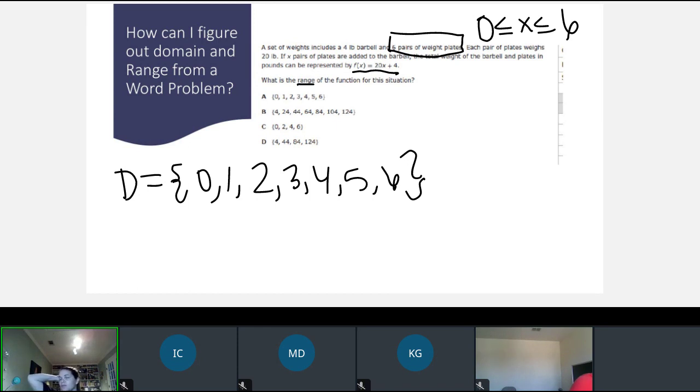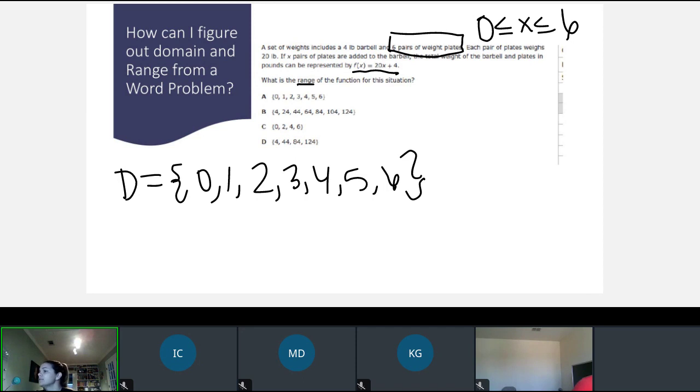So you have to think about what we call our practical domain. So in real life, what would I be doing? What would I put on, right? I'm not going to take a saw to my weight and cut it in half, or cut it to be 0.63 weights. Okay, so that's why it has to be whole numbers. So now it's asking me, though, for the range.